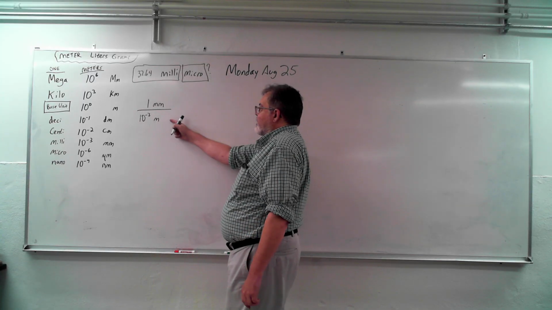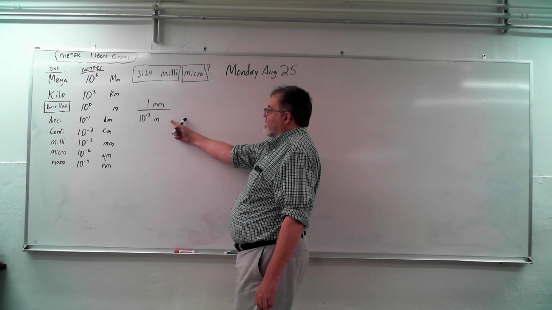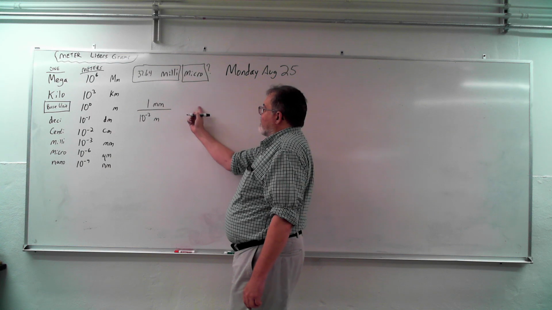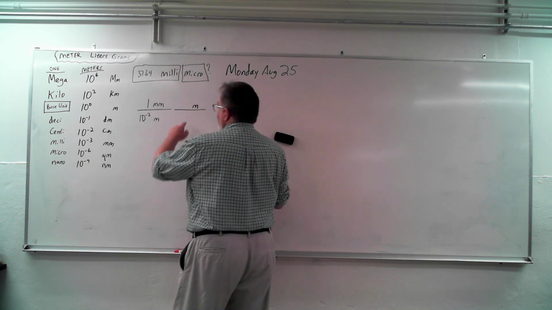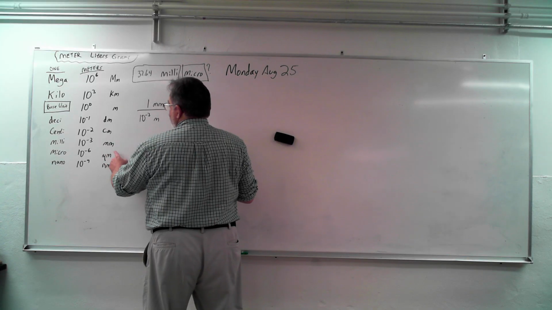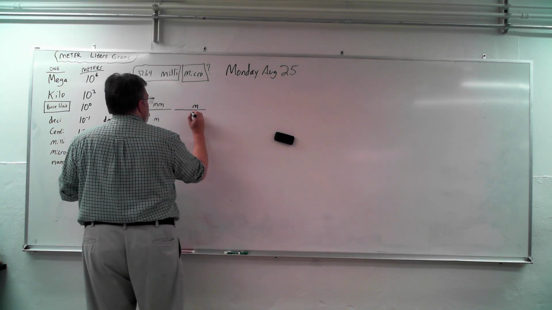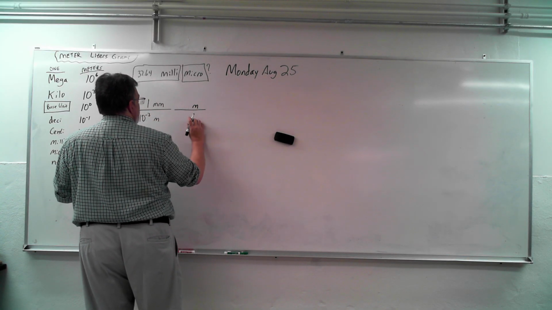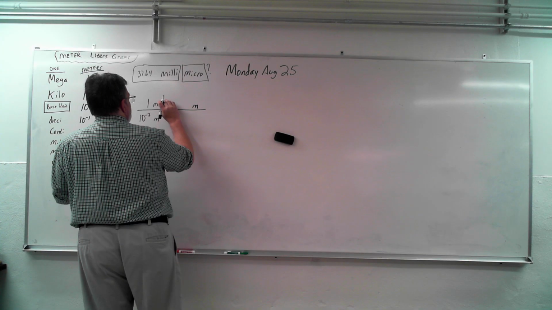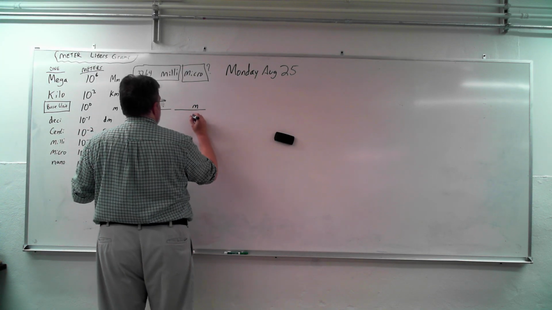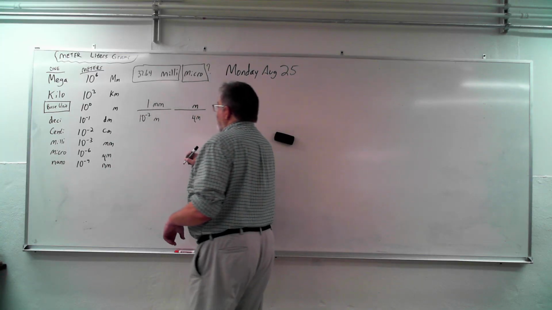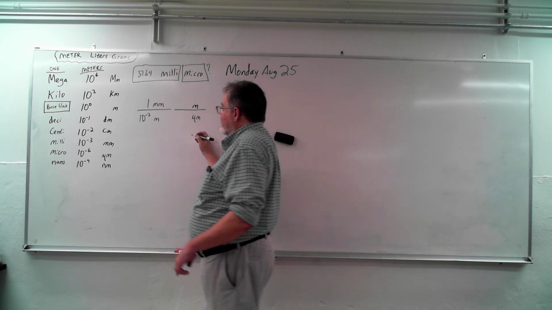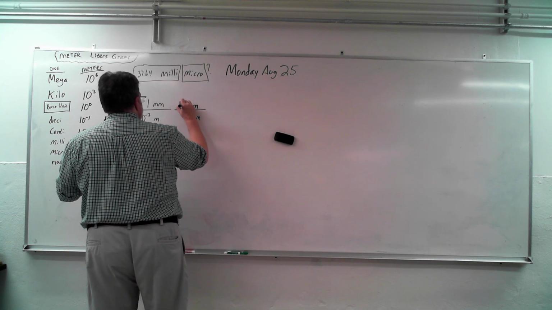It helps to go ahead and put the meters on the bottom based on what I'm trying to do here. And then I'm going to put meters on top here and relate meters to micro. Millimeters to micro. Okay. Let me finish that. So micrometers to meters is, the meters is 10 to the negative 6.